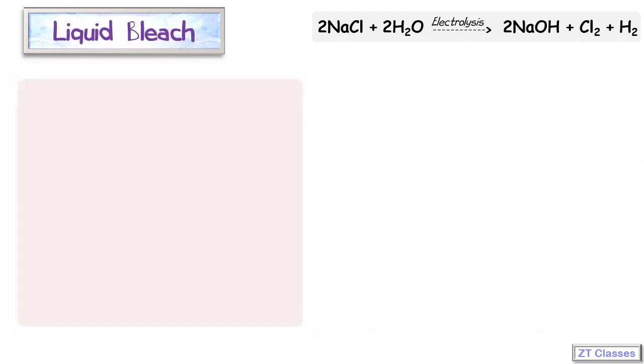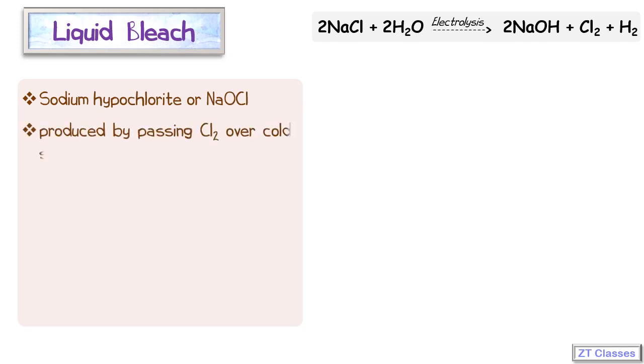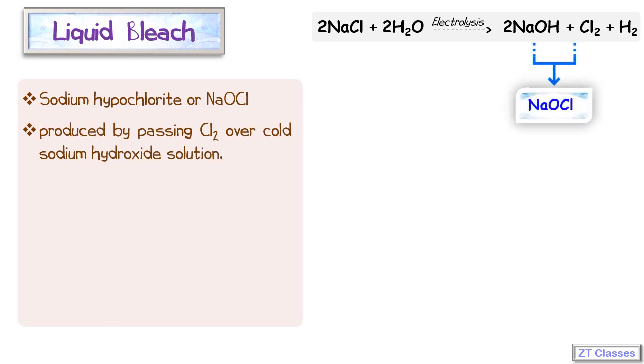Liquid bleach is NaOCl, that is sodium hypochlorite. To obtain liquid bleach, for bleaching powder we were passing chlorine gas over slaked lime. Here we'll pass chlorine gas over caustic soda, a cold sodium hydroxide solution, right? So basically you are reacting chlorine gas and NaOH to get NaOCl.